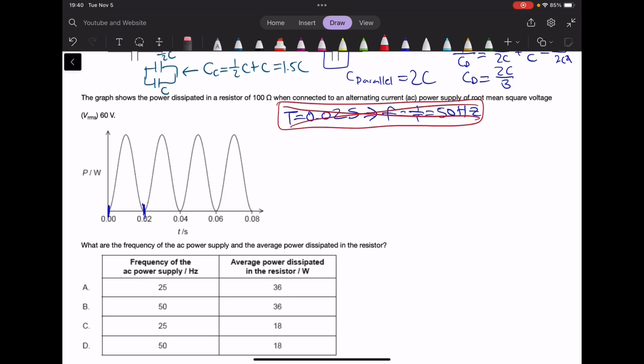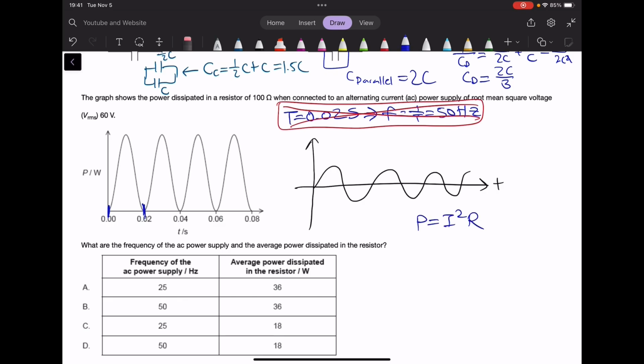So the way to understand this problem is to first think about the graph for current versus time. For an AC current, if I draw a graph of current versus time, I have something like this. So this is time, and the current looks something like this. And power is equal to current square multiplied by resistance.